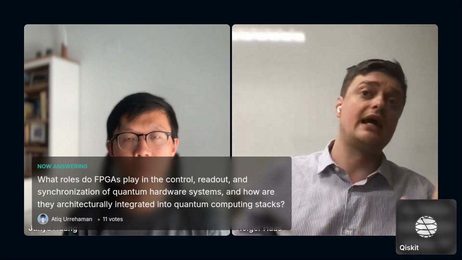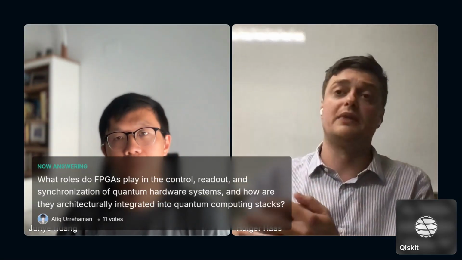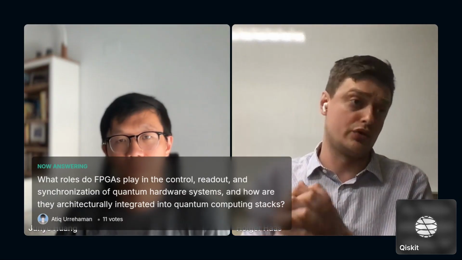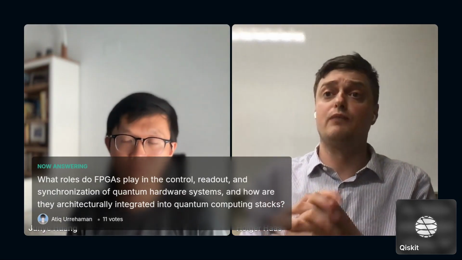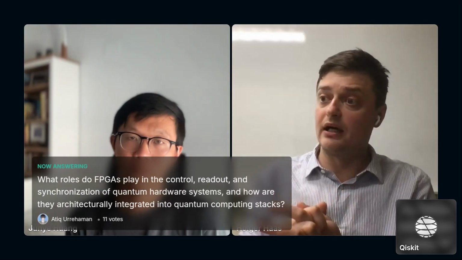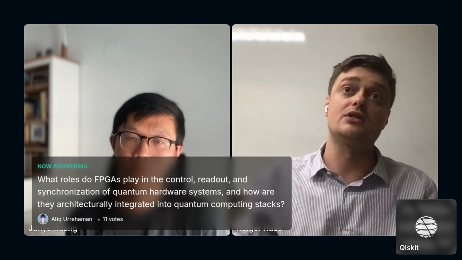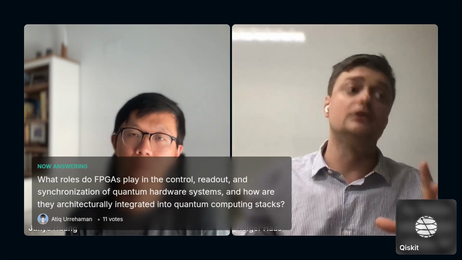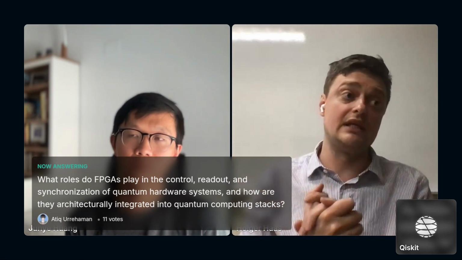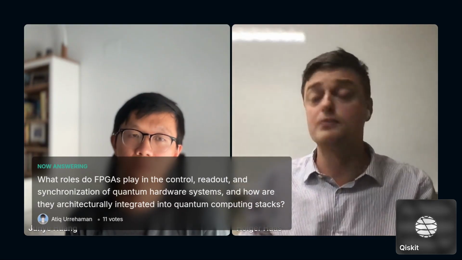Because, like we've been saying here in the lecture, you need gates for manipulating your qubits, and for error correction. You need to make these error correction decisions with extremely low latency based on the measurement outcomes.